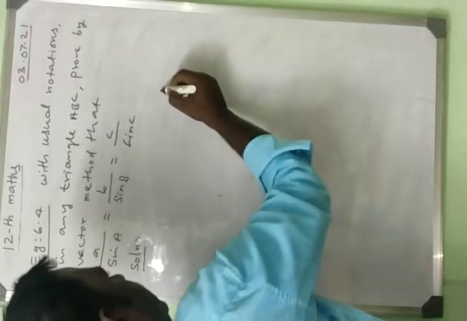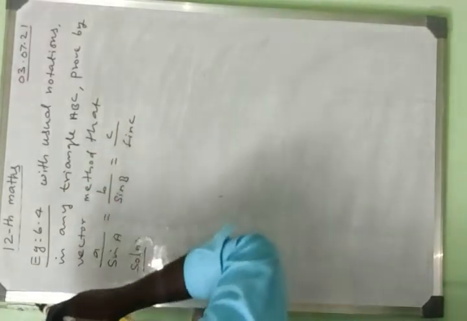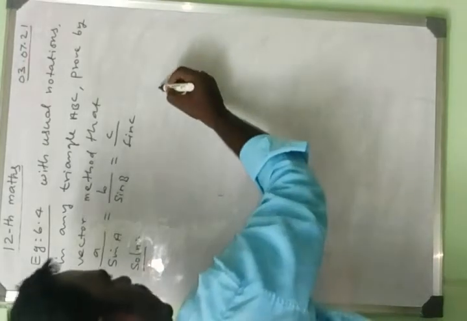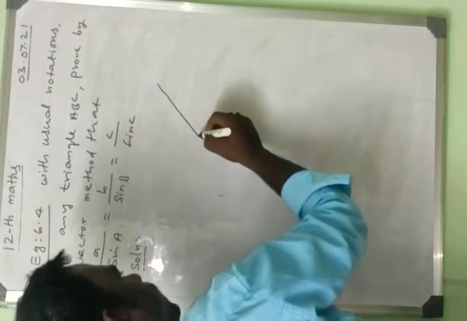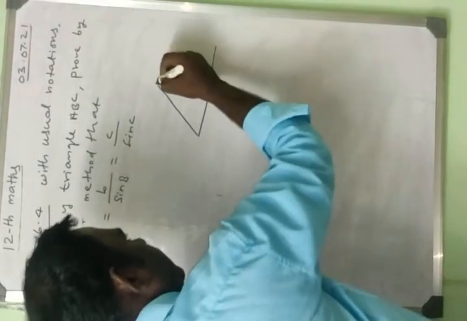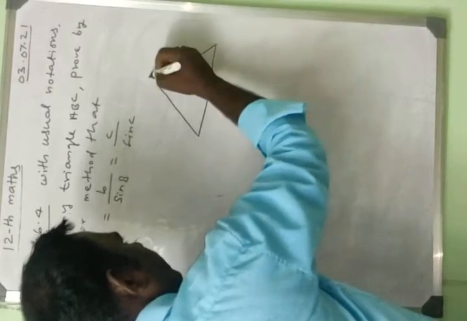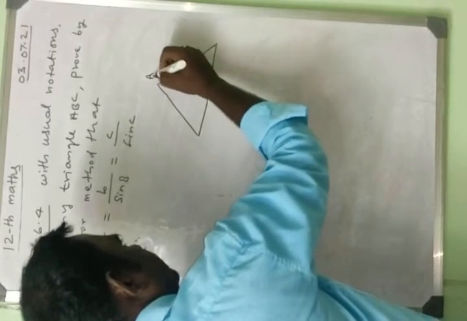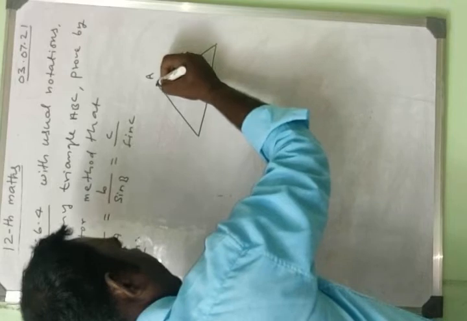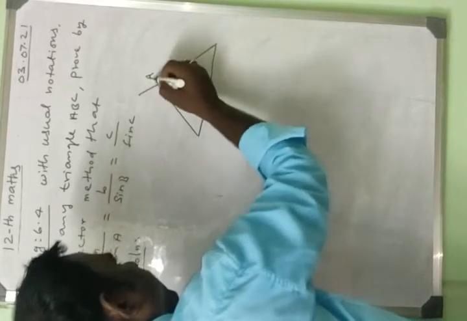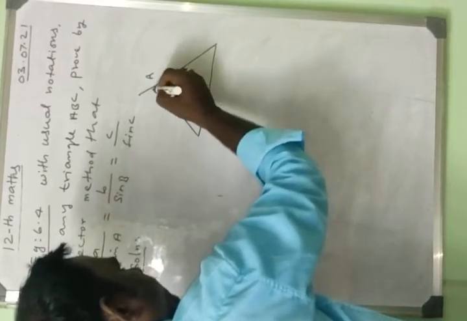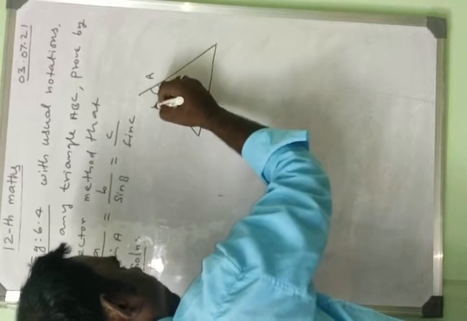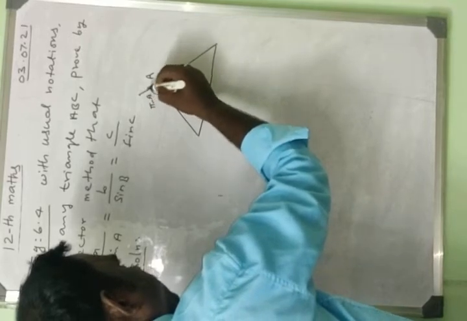Here the inner angle is A, and we extend the line, so the outer angle is pi minus A.